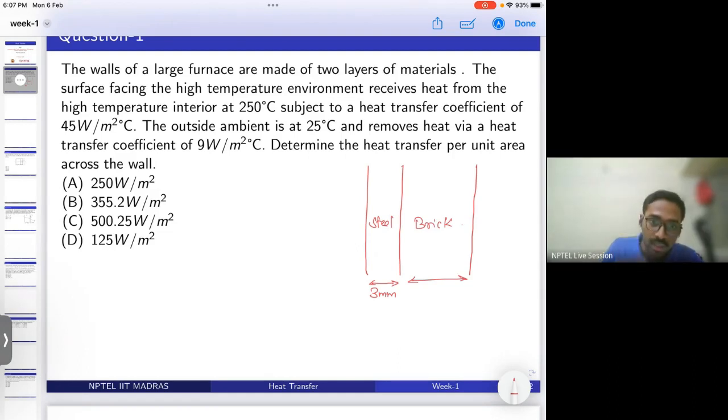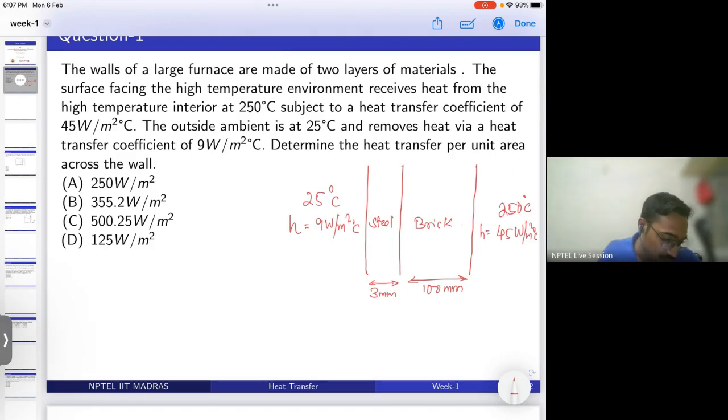The thickness of the steel is 3 mm, and the thickness of the brick layer is 100 mm. This side is at 250 degrees Celsius, and the heat transfer coefficient is around 45 watts per meter square degrees Celsius, and on this side the ambient is 25 degrees Celsius, and the heat transfer coefficient at this side is around 9 watts per meter square degrees Celsius.